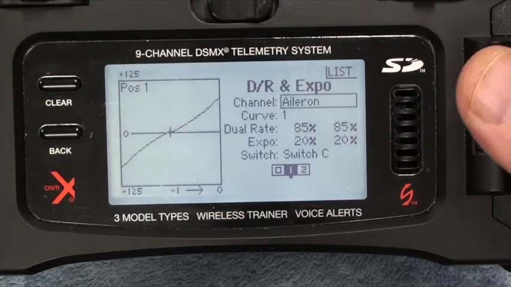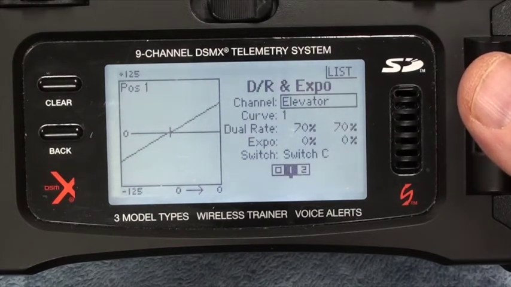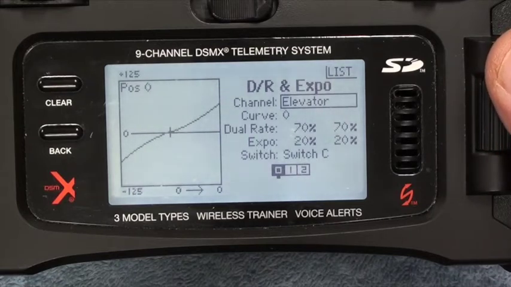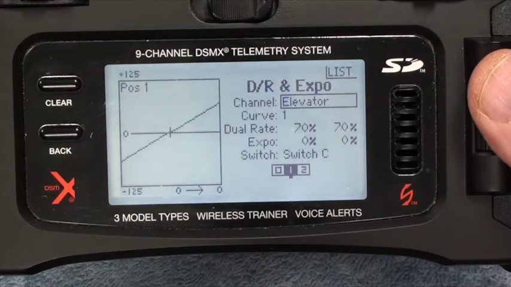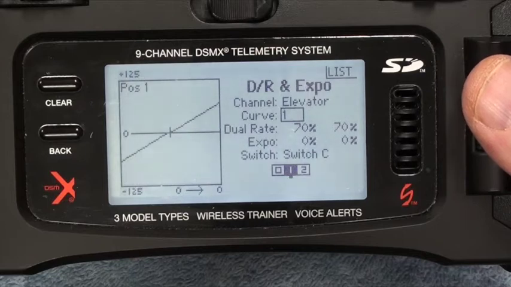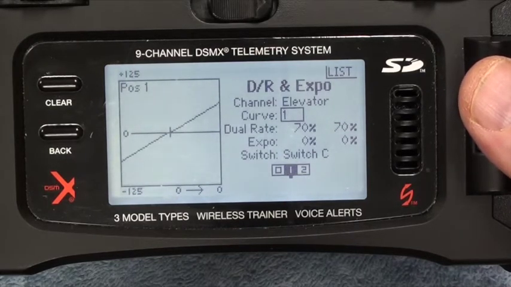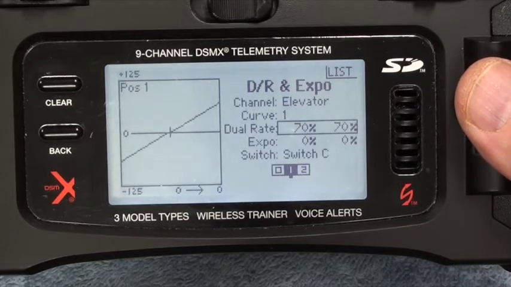And so that's aileron, elevator, that's interesting. Why did it do that? I don't know. Curve 0 for elevator. Curve 1 is 70.